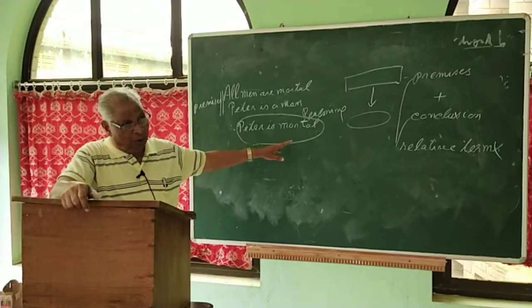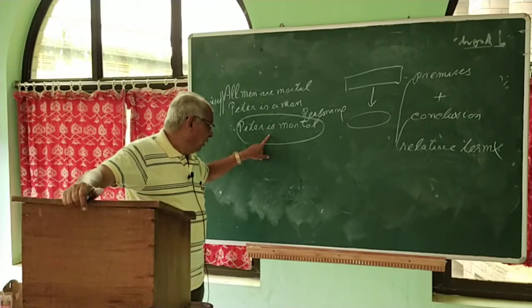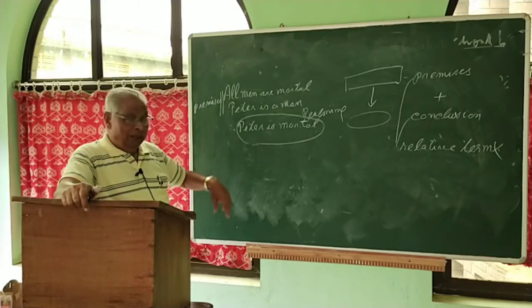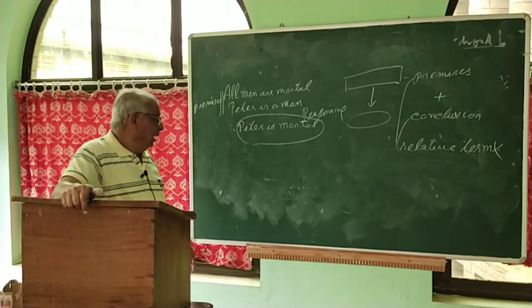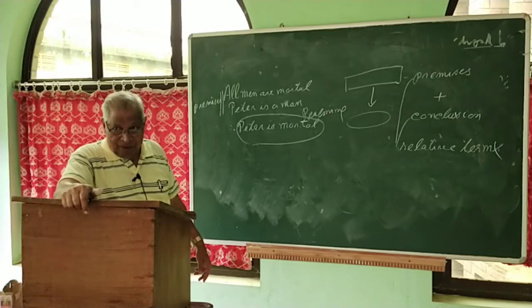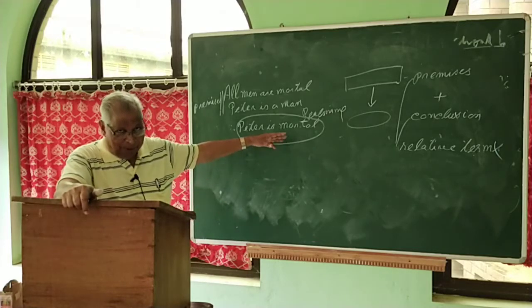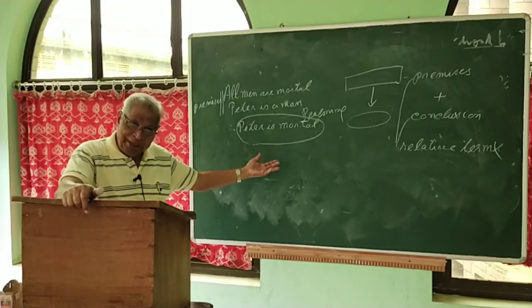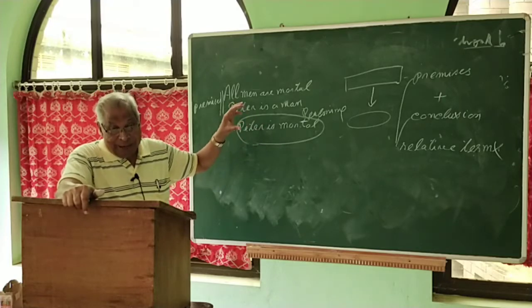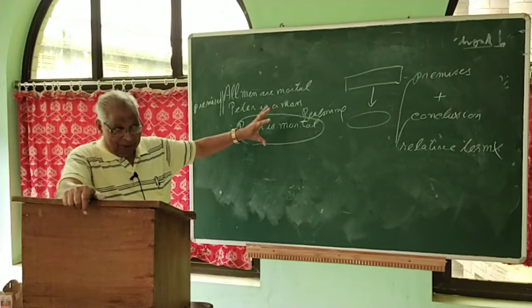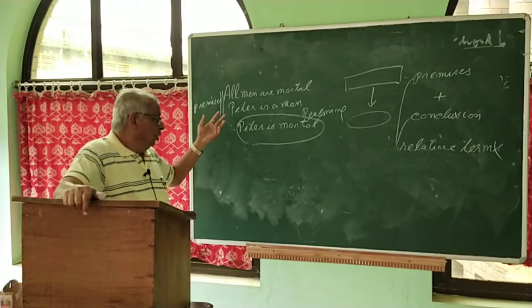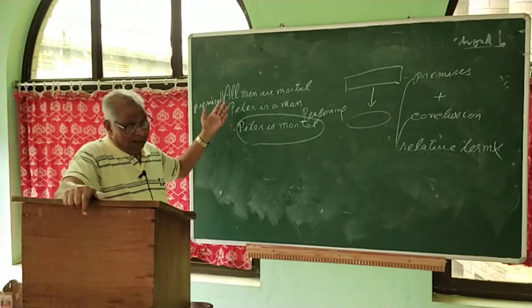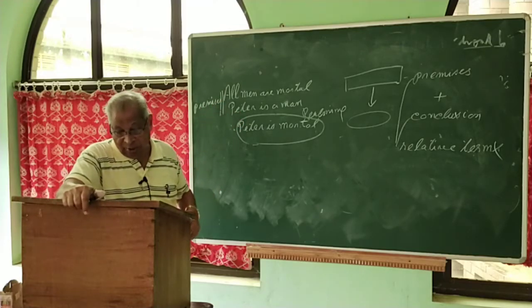For instance, instead of giving this as the last one, I can very well say, Peter is mortal because all men are mortal and Peter is a man. They are placed later. So the conclusion can be anywhere. But we have to understand the meaning from the context, from the function they perform, to find out whether the given propositions are premises or conclusion.